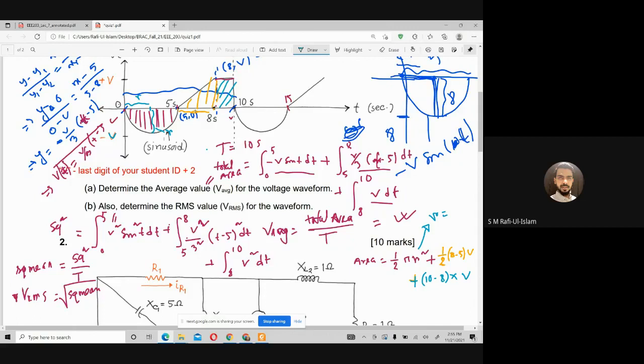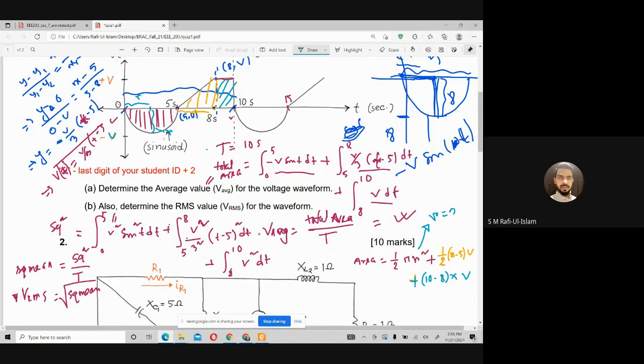Your student ID plus 2, that is the v value. For this case, whoever has used r equal to 2.5 will be considered. Whoever has used r equal to v, I will also consider. I'll talk to another teacher as well.